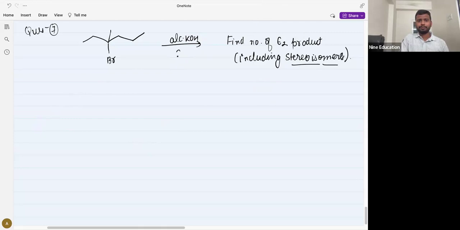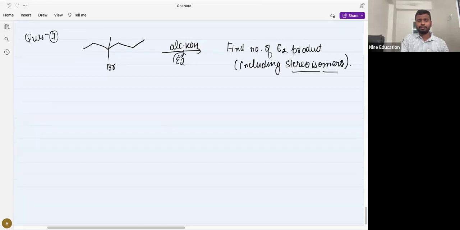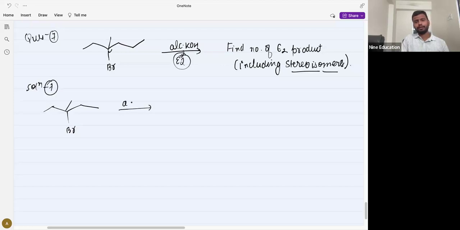So let's say this is alcoholic KOH. If we have to do E2 elimination, है ना? Alcoholic KOH है तो आपको E2 elimination करवाना है. कैसे करवाते हैं? This is alpha. Let's say again I am writing here bromine here. This is the solution, 7th question. So if I have alcoholic KOH, what I will do here?